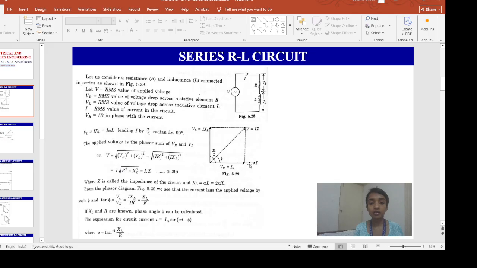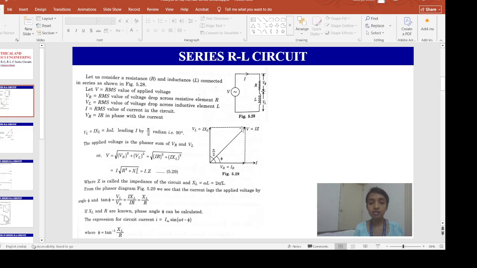If this is my current and this is my inductive voltage, the angle between them should be 90 degrees. For a resistive circuit, voltage and current are in phase. This vector V is the resultant vector, and this triangle is called the voltage triangle. This side is my VR, this side is my VL, and this is my resultant vector.